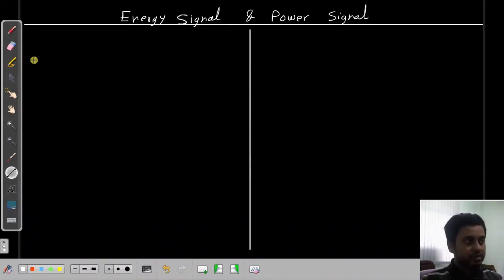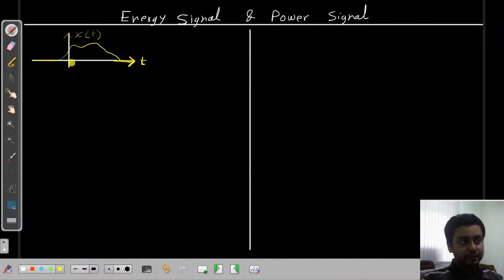Now consider a signal which spans a short duration, maybe like this. After this point the signal is 0, before this point the signal is 0. Call it x(t).